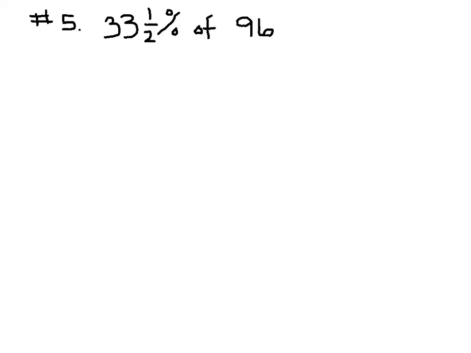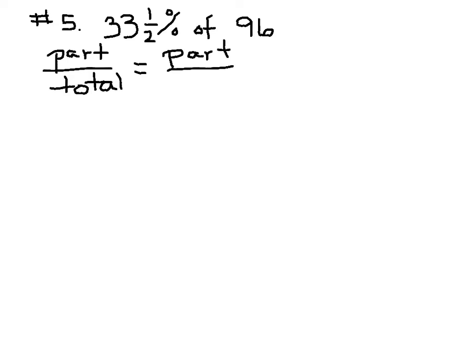All right, so moving on with more of these problems. If I have 33.5% of 96? In this particular problem, I need to remember that when I do a percent, it's always part over total is equal to part out of 100.